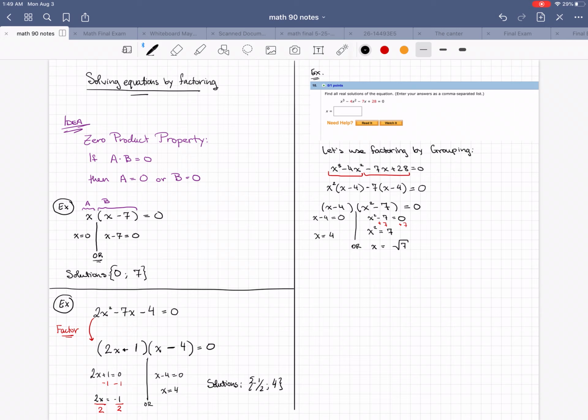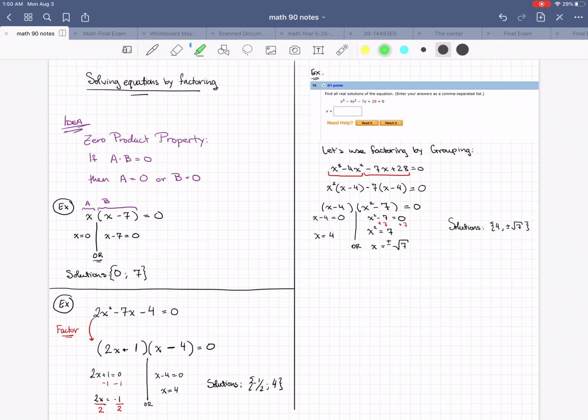So not only can x be the square root of 7, it can be the positive or the negative square root of 7. So this is an example of a problem that actually has 2 solutions: the positive square root of 7 and the negative square root of 7.